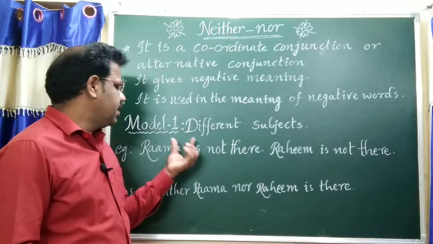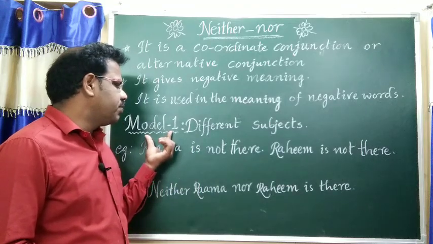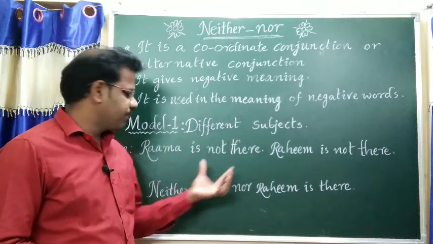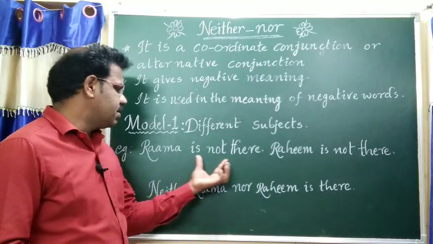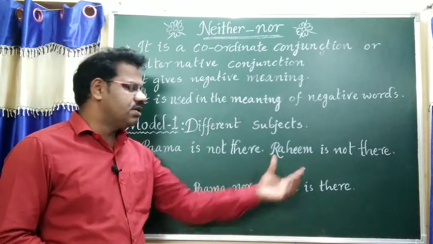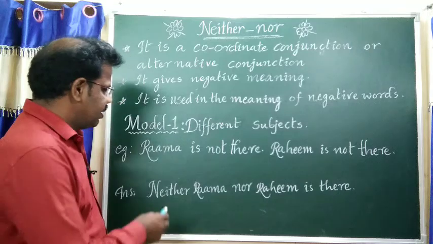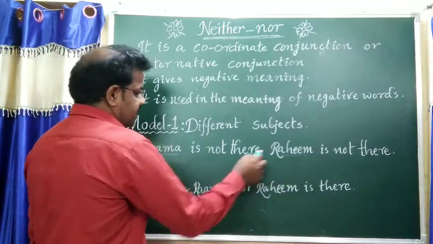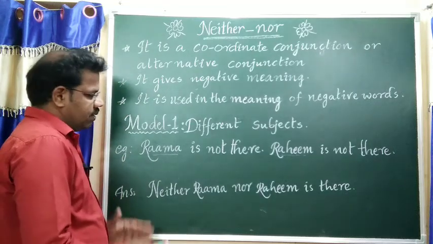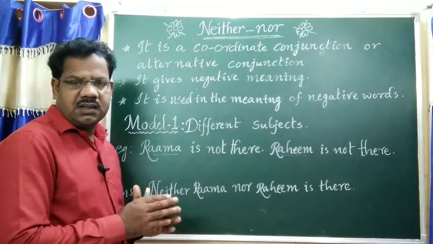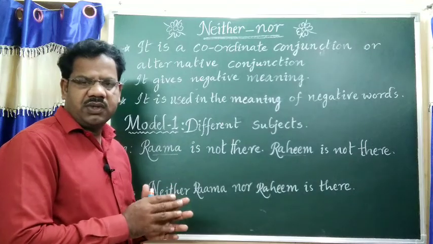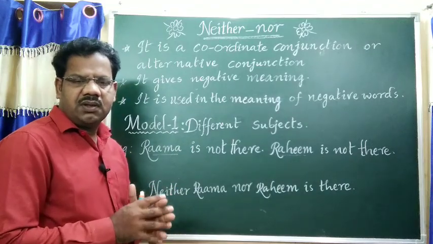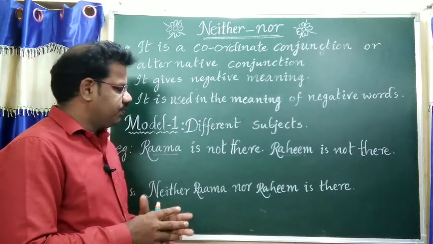For example, let us take model 1, different subjects. Rama is not there, Rahim is not there. Rama is a subject, Rahim is a subject. We have to separate what is the common word and what is the uncommon word.